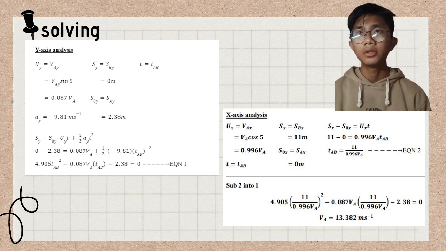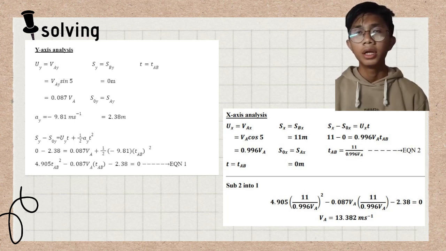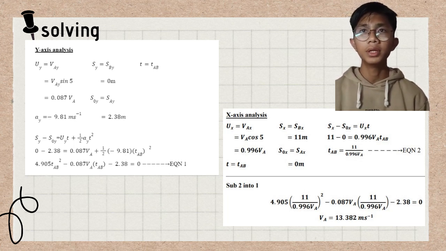So the initial velocity UY equals VAY, which is VA sin 5, equal to 0.087 VA, and the gravity for y-axis is negative 9.81 m/s². For the distance, SY is SBY, which is 0 meter, and S naught is SAY, which is 2.38 meter, and for the time we use TAB.